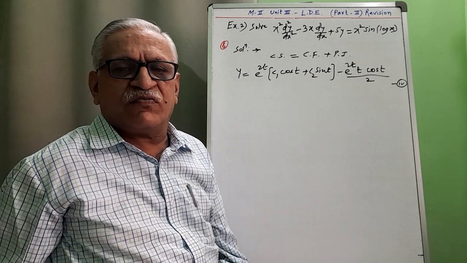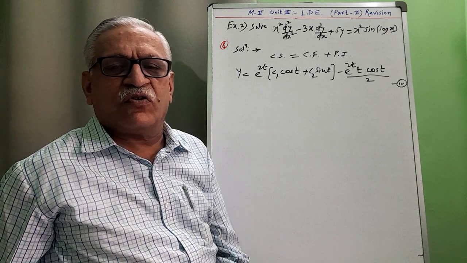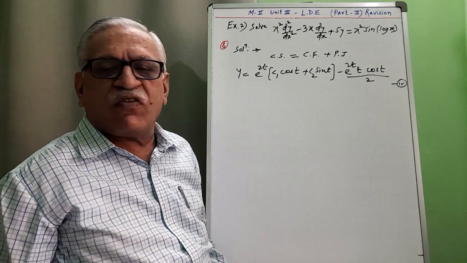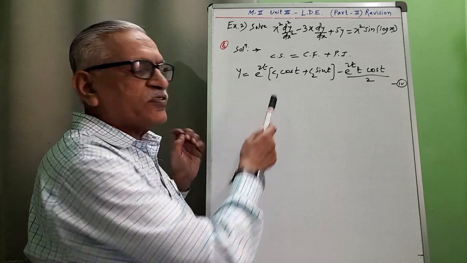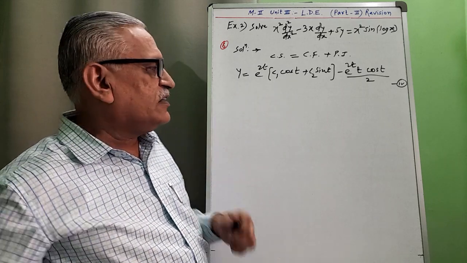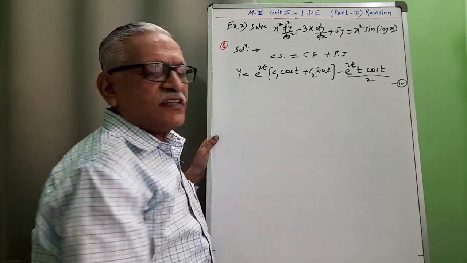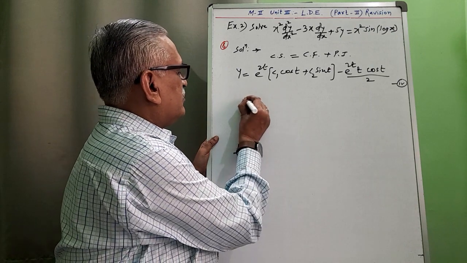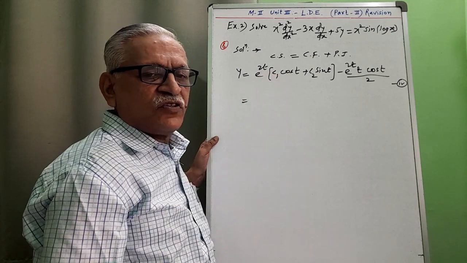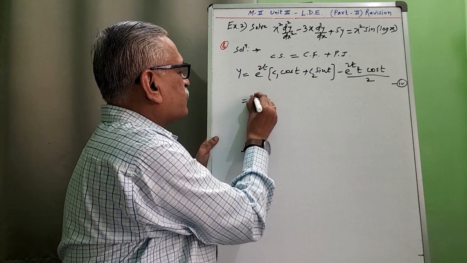This is not the final solution because original variables are x and y, and here we are getting a solution in terms of y and t. Therefore, once again we have to convert t in terms of x. It is e raised to t is x, therefore it becomes x square.